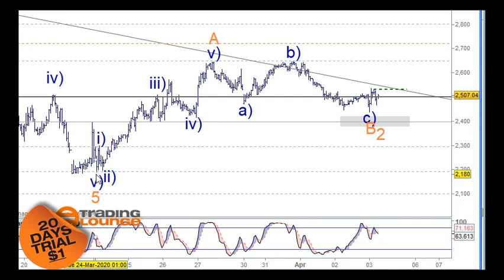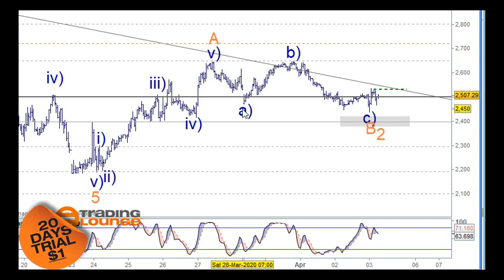And then if I do that, then I can count wave 1 here and 2 here and 3 here, A, B, C for 4 here, and up for 5 here. So that's the way that I've counted it, and I've gone into a fair bit of detail in the intraday count to figure this out. And I feel okay with that.